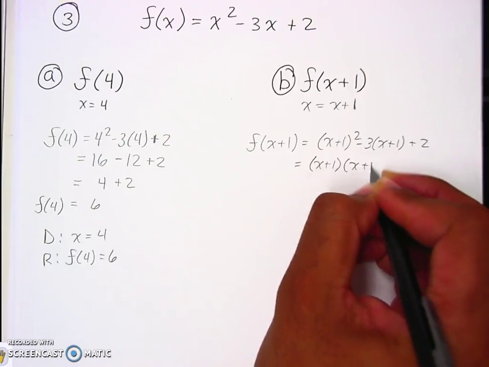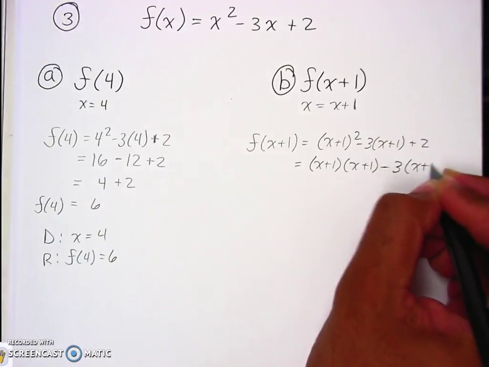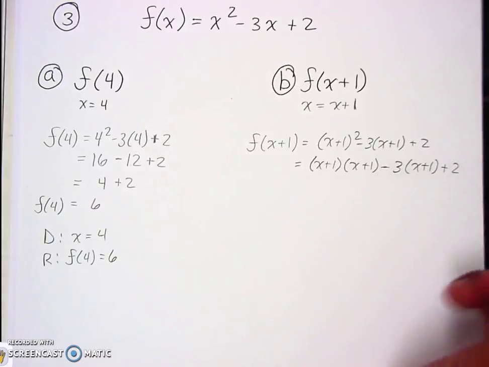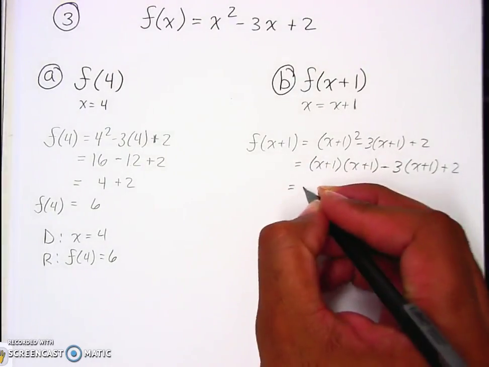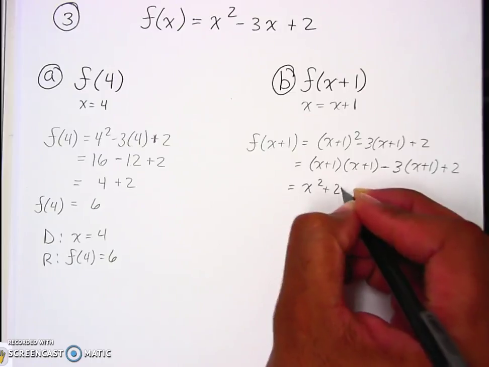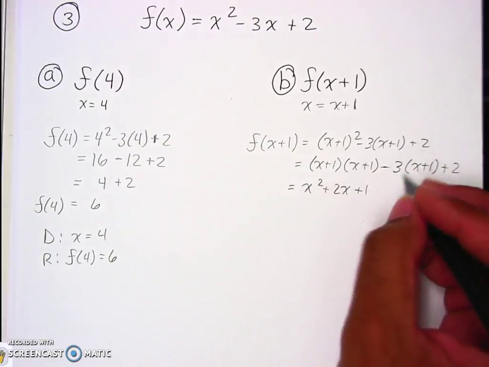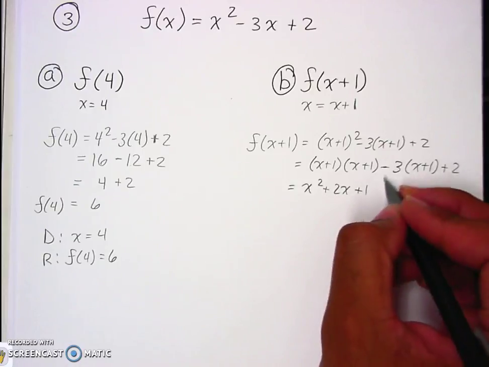Or we box it out. So FOIL it or box it, I'm just going to write the answer down. So take your time. If you need to stop and go ahead and FOIL it out and then do all that stuff and then come back to it, that's fine. Or box it out. It's up to you.